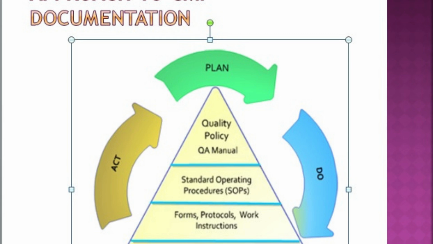In the base layer, we have forms, protocols, work instructions, and even some of the statutory regulatory requirements which need to be fulfilled. These can be added on with specific needs for global standards or specific collaborations with other industries.